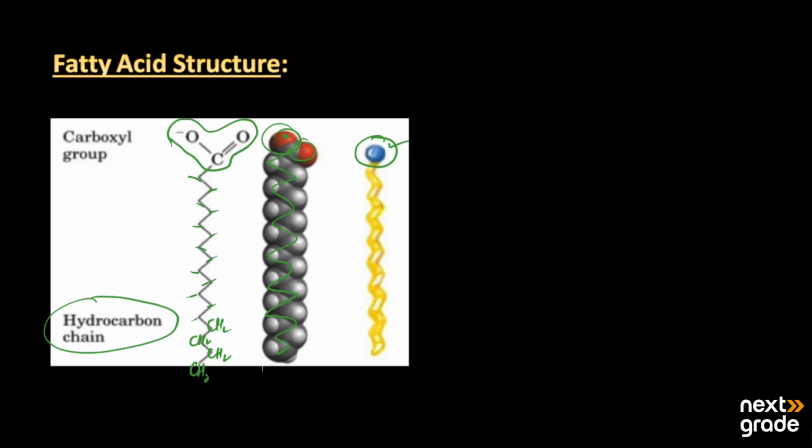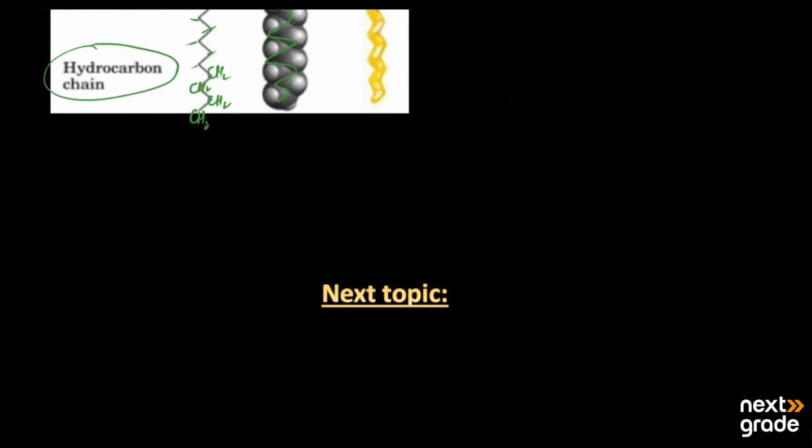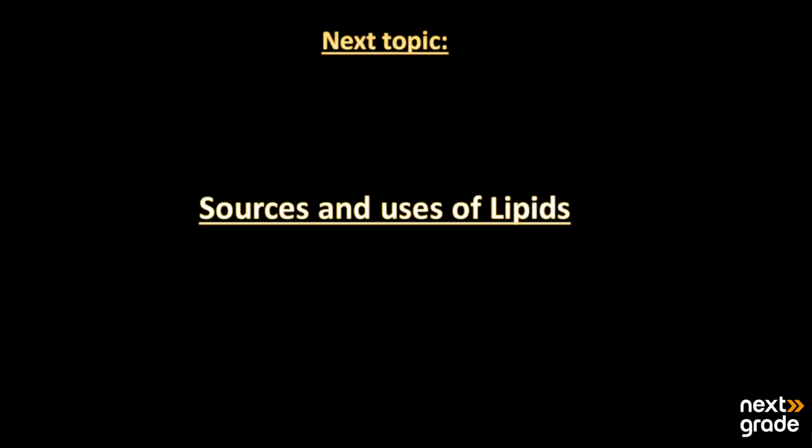I hope you understand, and if you have any queries, you may ask me in the comment section, and I will get back to you soon. Until then, keep learning about the different types of lipids along with examples from our daily life. The next topic that we will discuss is the sources and uses of the lipids, what the main sources and uses of lipids are in our daily life, how they are important for us, and from which things we can gain lipids in an adequate manner.